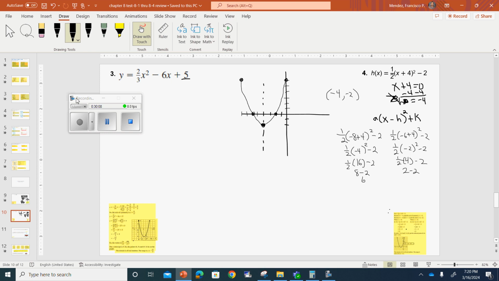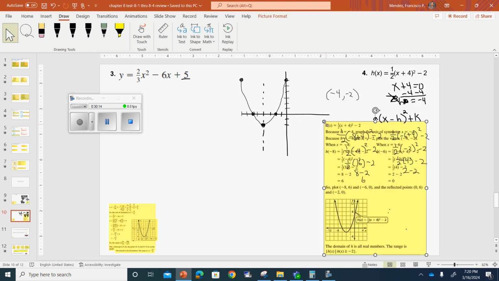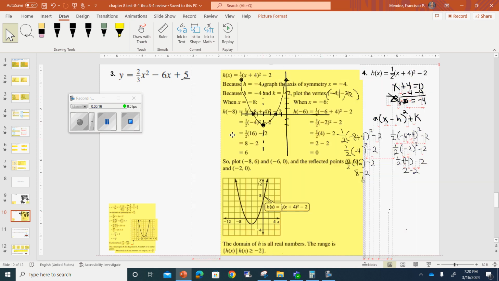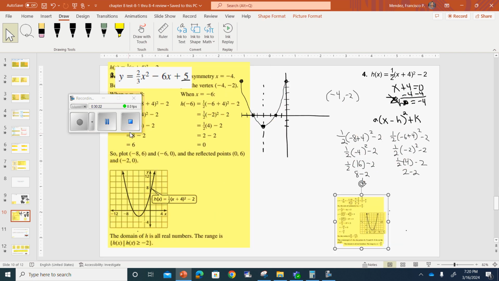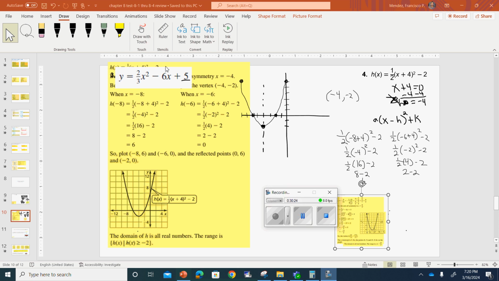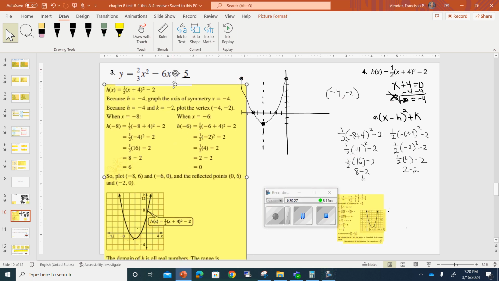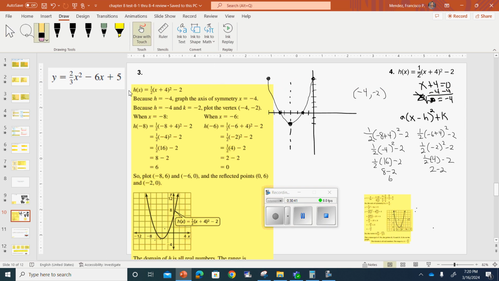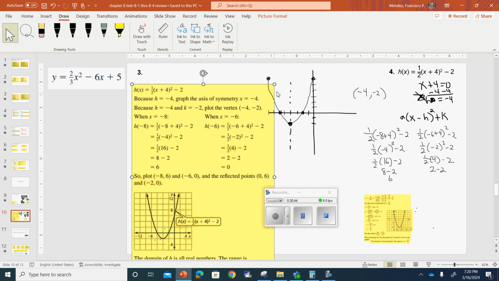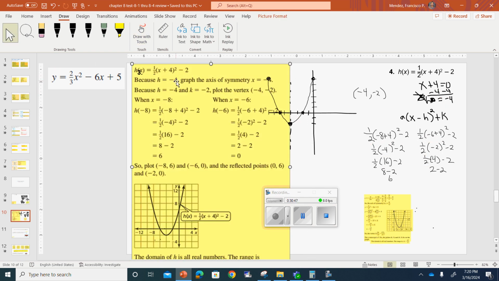All right, let's see how I did. That was the big one. I'm going to bring it over here and move some of this stuff out of the way. All right, it says that, very good.